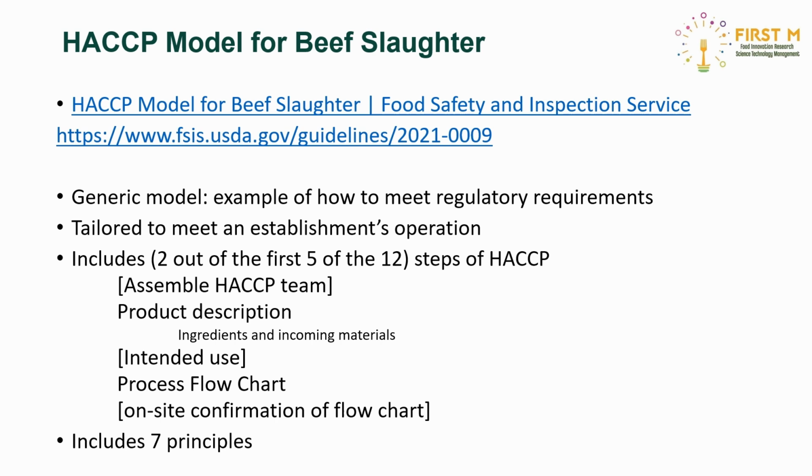They do provide a HACCP model for beef slaughter, and it may not be very relevant for us because our processing systems are quite different. They do make the point that it needs to be tailored to meet your operation. And it includes some of the steps of HACCP.